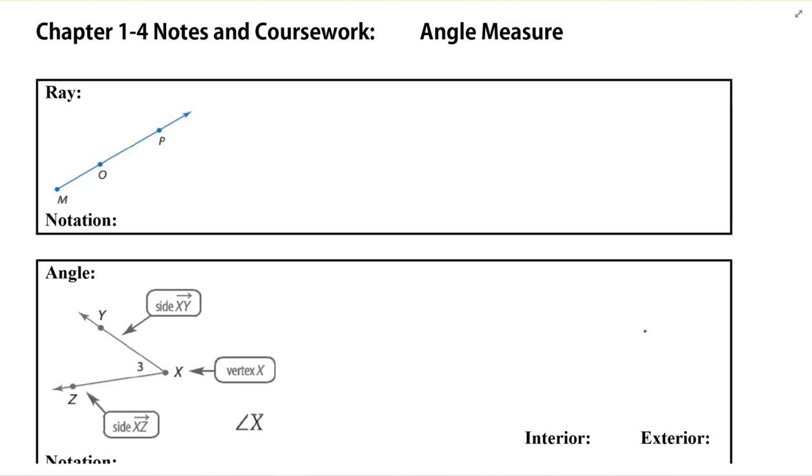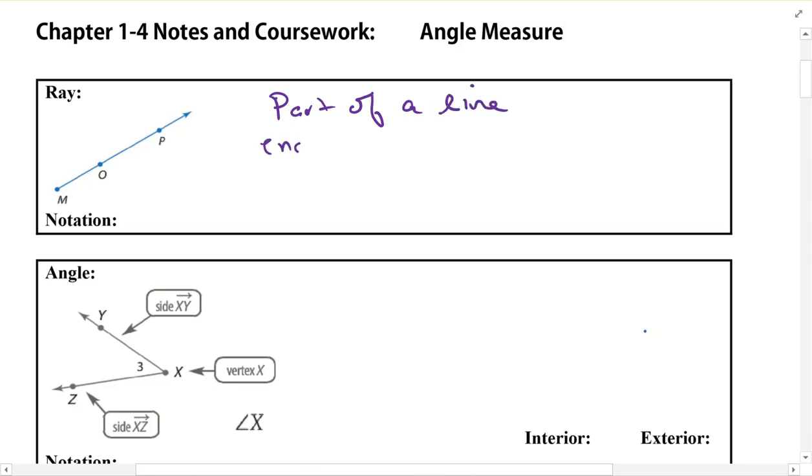Chapter 1-4, Angle Measure. A ray is part of a line. It starts with an endpoint and goes in one direction infinitely, whereas a line goes in both directions infinitely.